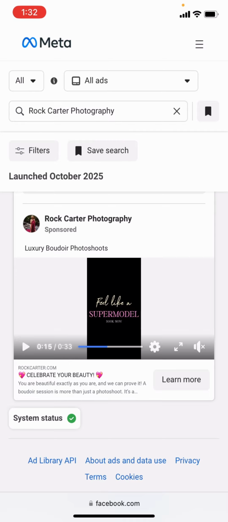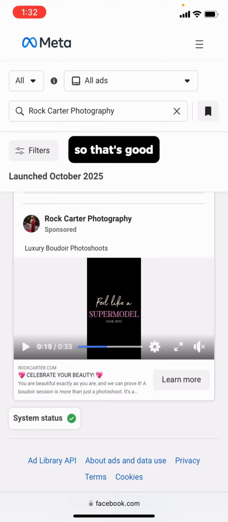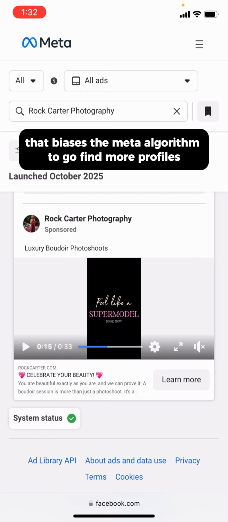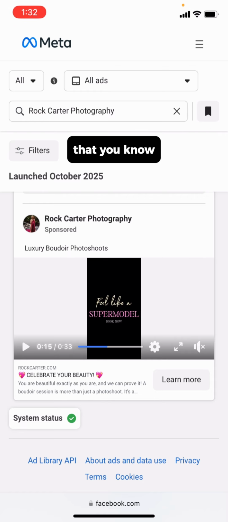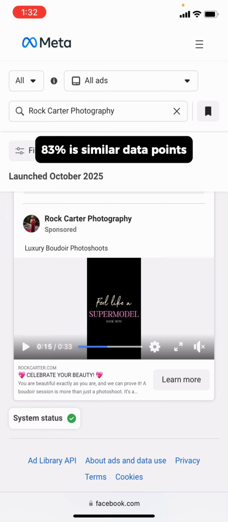That biases the Meta ad algorithm to go find more profiles with, say, 83% of these similar data points, 96%, 81%. So a higher chance of conversion.